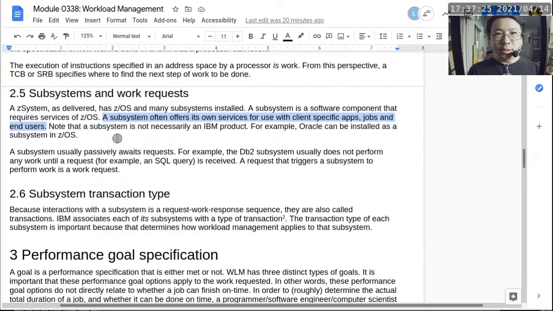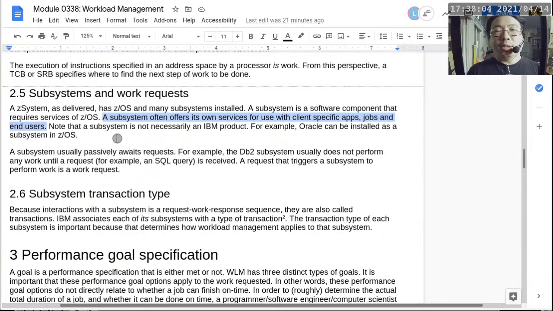In this context, I think you already know what ISPF is. ISPF is a subsystem because in order for ISPF to function, it needs the operating system to be working first. But it also provides its own service, which in this case is a terminal type of interaction with an end user. DB2 is a subsystem because DB2 cannot function without z/OS installed first, because it needs services provided by the operating system.